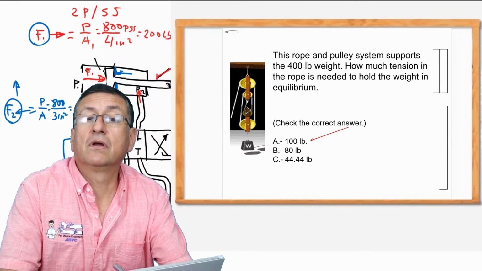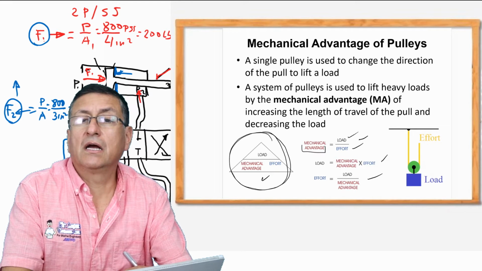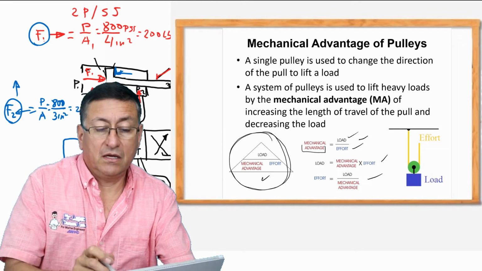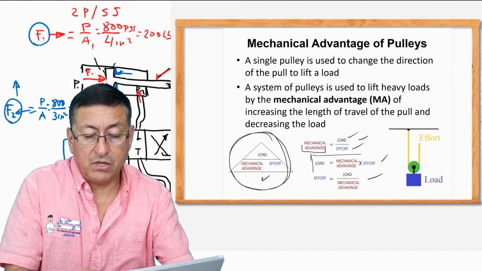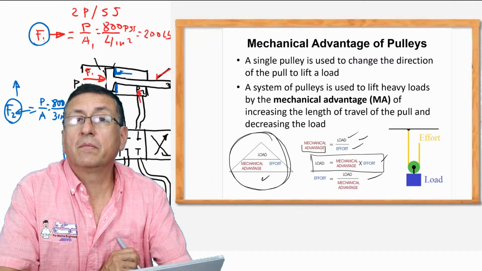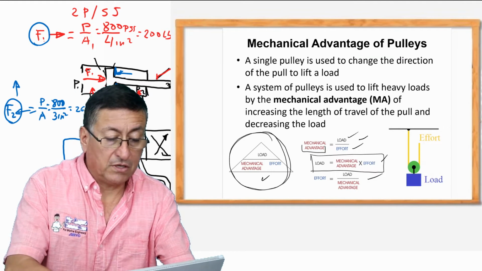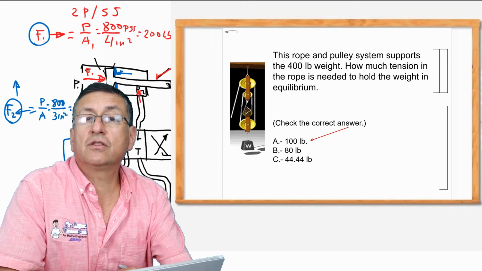in equilibrium. Okay, remember the formulas? You remember those formulas? For example, we can use that one. Load is equal to the mechanical advantage times the effort. In this particular case, how much is the total weight?